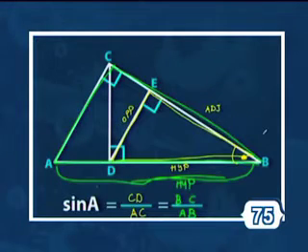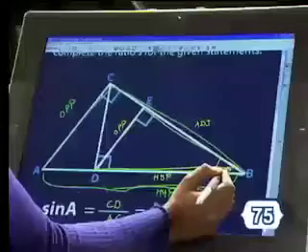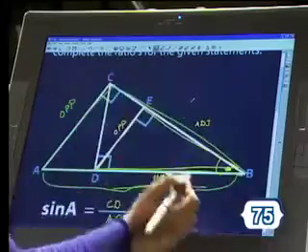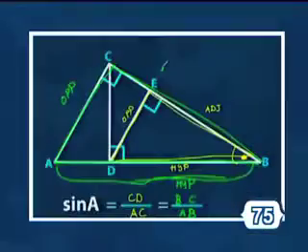In triangle ABC, the hypotenuse is AB. The side opposite angle B is AC. And then the side adjacent to angle B in triangle ABC is CB. So the side adjacent to angle B in the big triangle would be side BC.